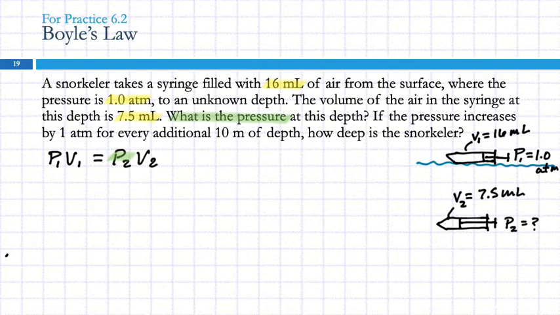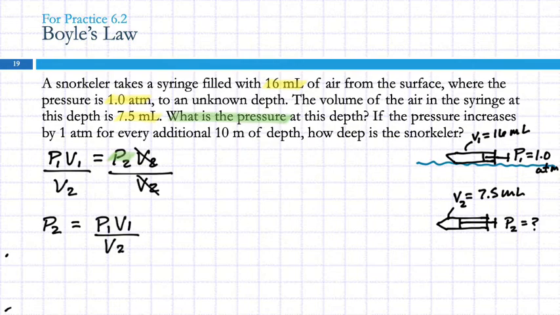So I need to have an equation where P2 is by itself. So I'm going to divide this side by V2, and I'm going to divide the other side by V2. So pressure 2 equals pressure 1 times volume 1 divided by volume 2. And I've got all of these things labeled over here. So pressure 1 is 1 atmosphere. Volume 1 is 16 milliliters. Volume 2 is 7.5 milliliters.